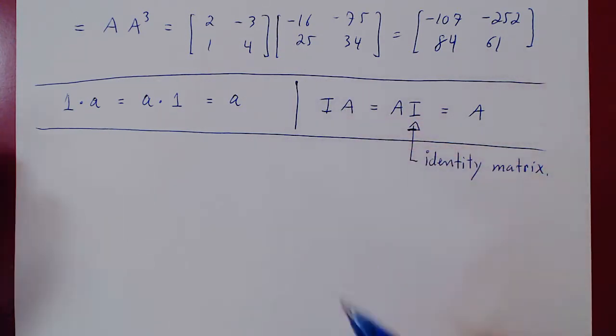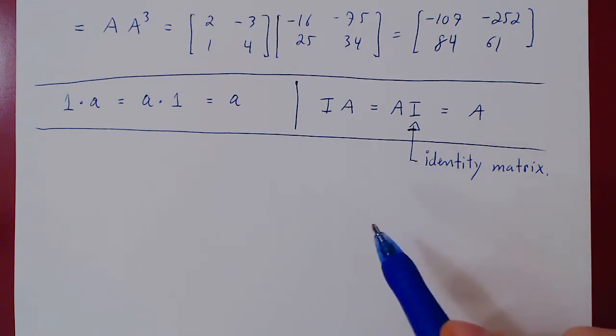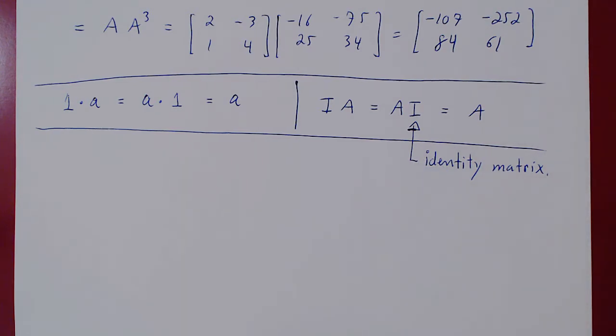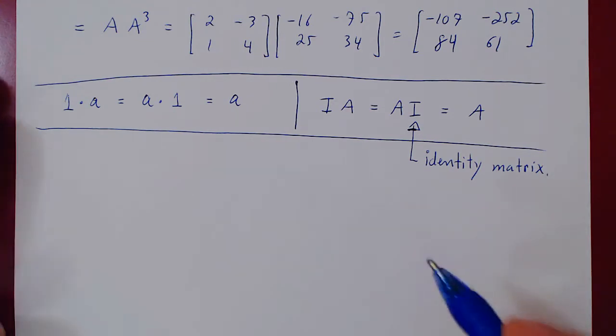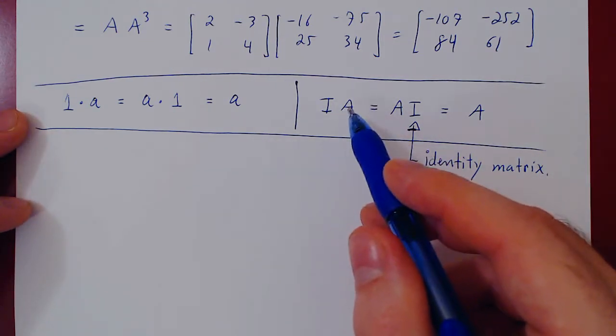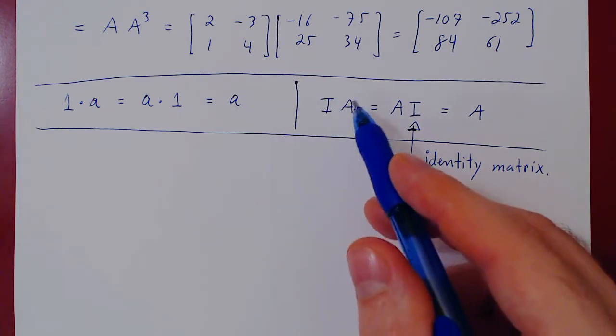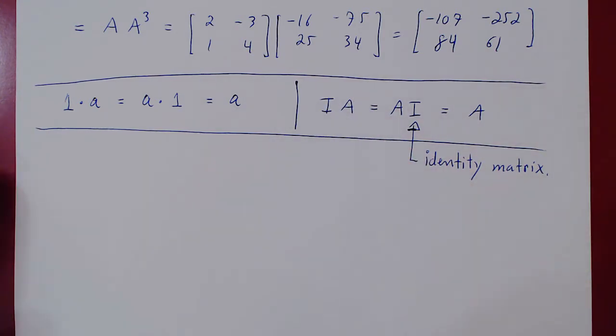And you have one for each size. So you have a 1 by 1, a 2 by 2, 3 by 3, 4 by 4, 5 by 5, and so on, identity matrix. It will simply inherit the size of A. If A is, say, 5 by 5, I will be 5 by 5. If A was 10 by 10, I would be 10 by 10.